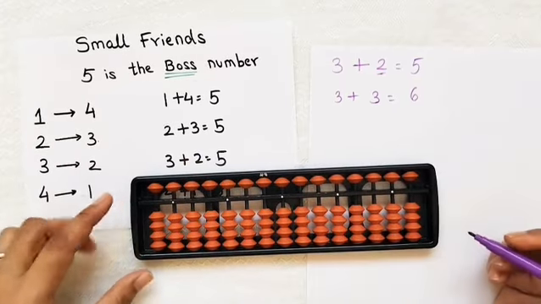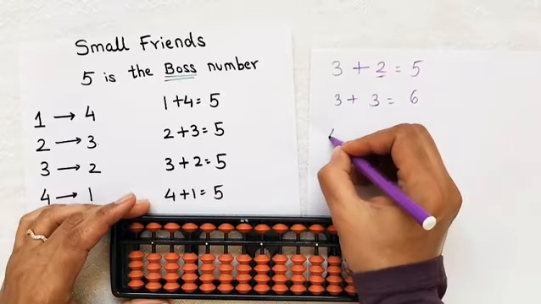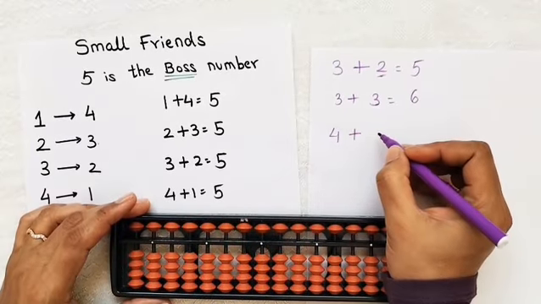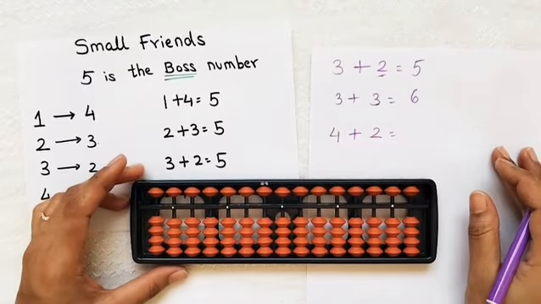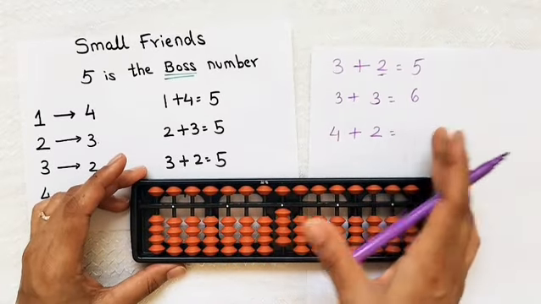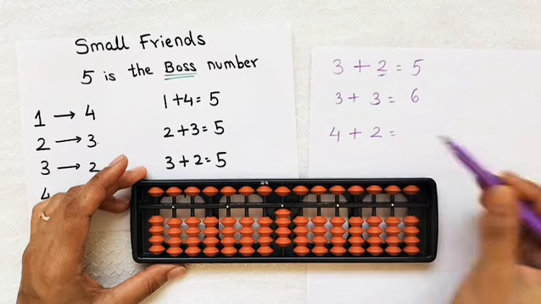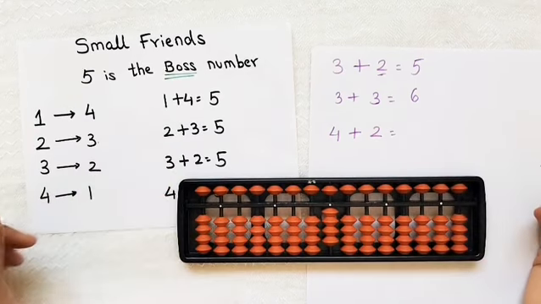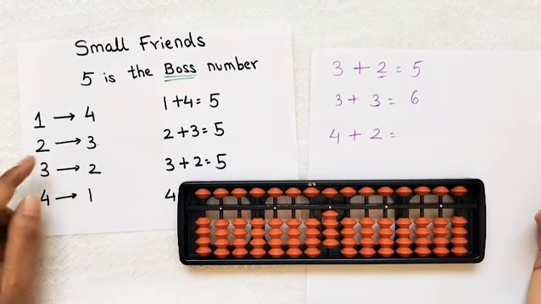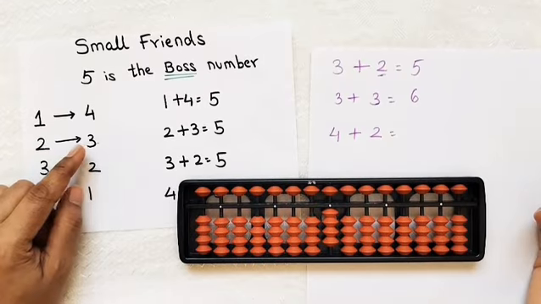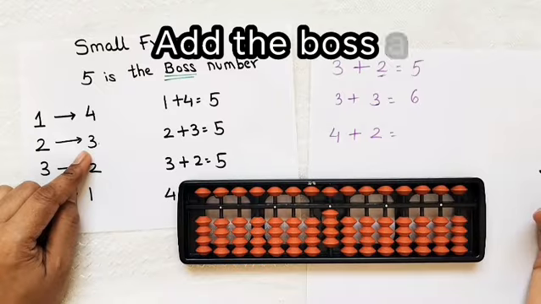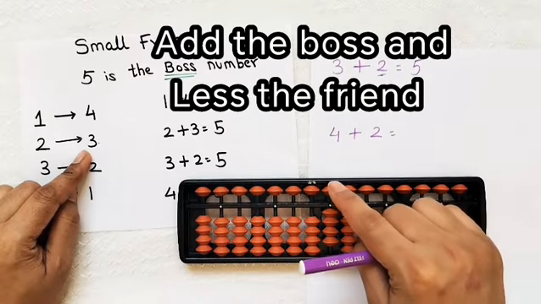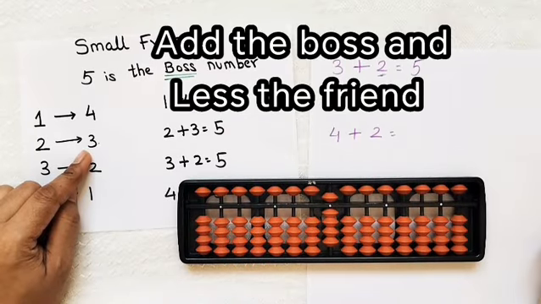Okay. Let's try one more. 4 plus 2. 4 add 2. Who's the friend of 2? The friend of 2 is 3. So what do we do? Add the boss. Very good.